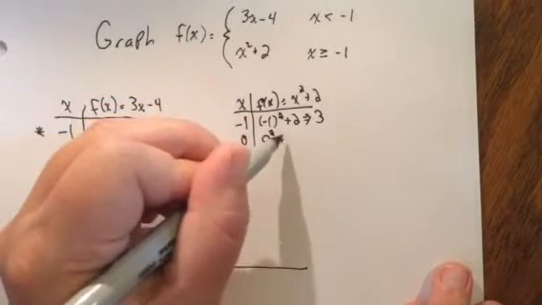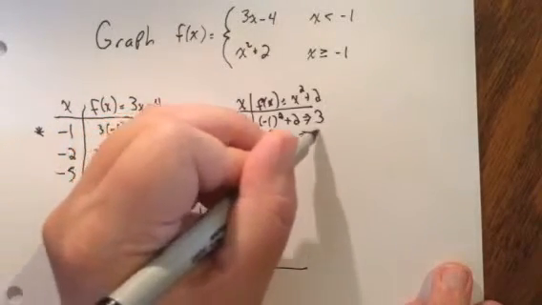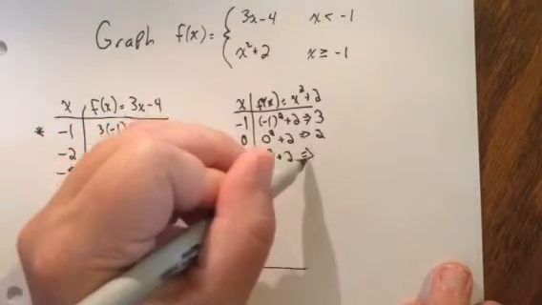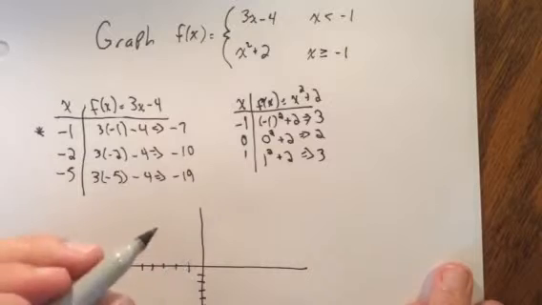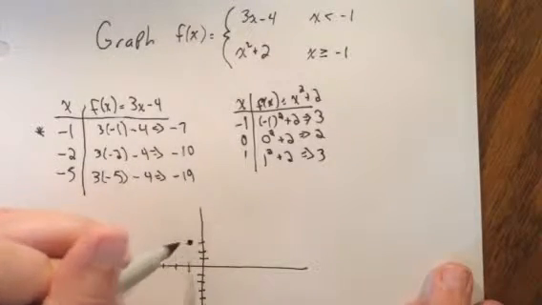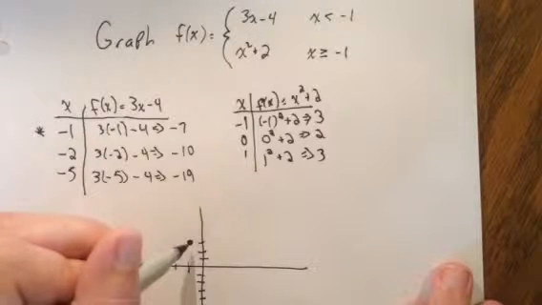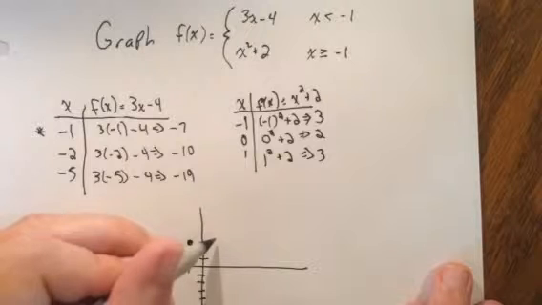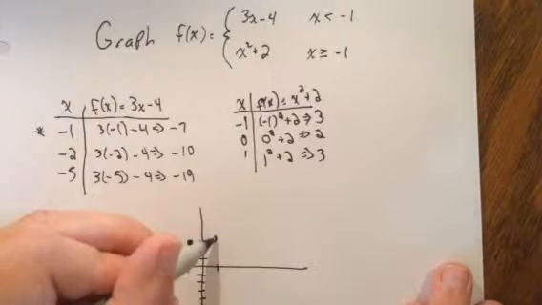0 squared plus 2 is 2. 1 squared plus 2 is 3. So at -1, I actually have a point. I'm going to draw it as a point this time, up at 3. At 0, I have a point at 2, and at 1, I'm again going to hit a point at 3.